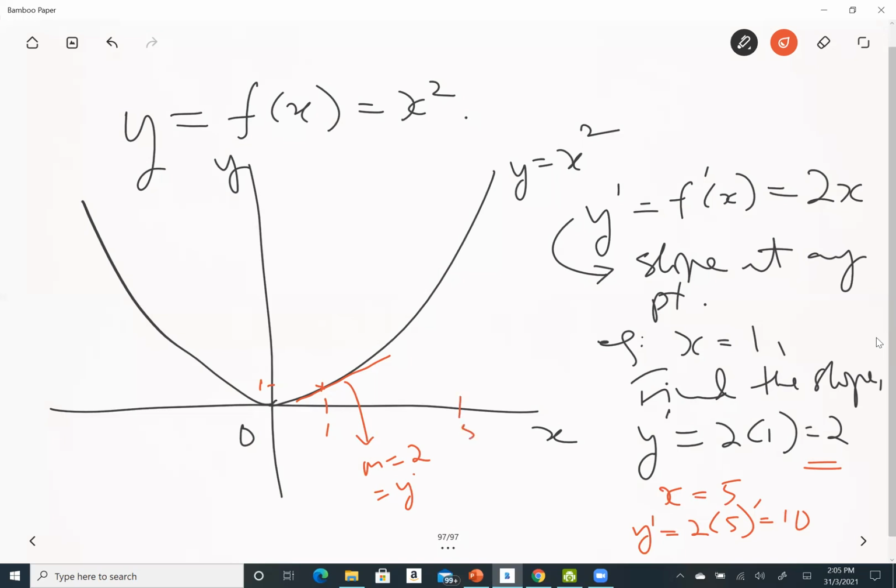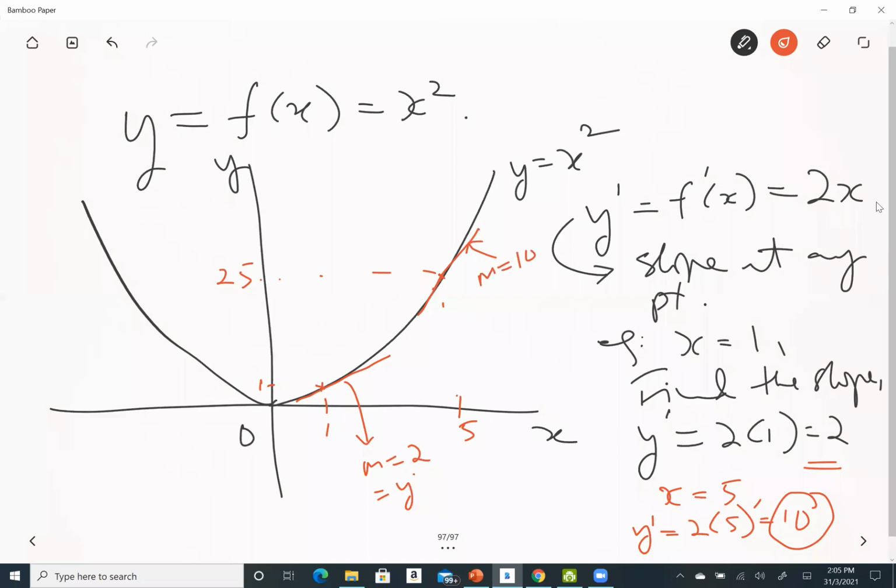The value of y is 5 squared, which is 25. So the point is 25 and the slope is 10, the slope of the straight line tangent to the curve at that point. So here m equals 10.